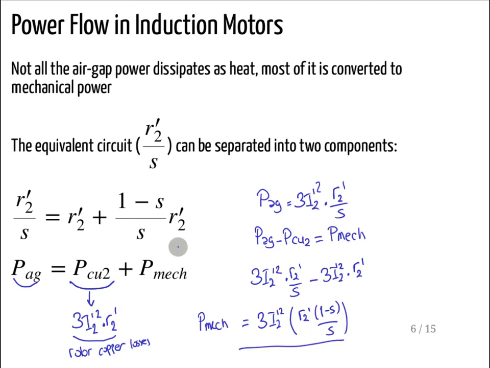That is how we represent it, that component (1 minus S) over S. We will use that relation quite a lot.